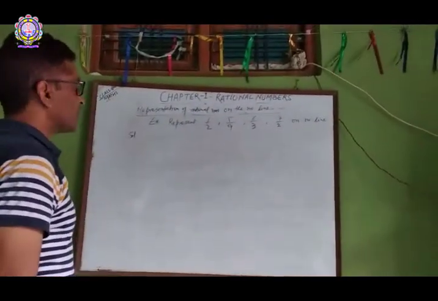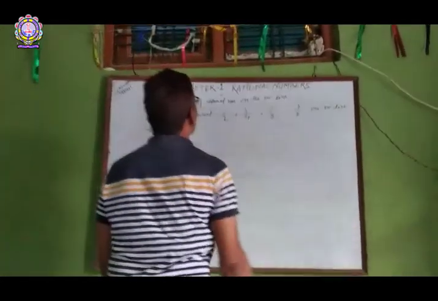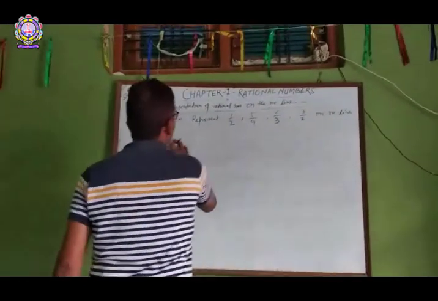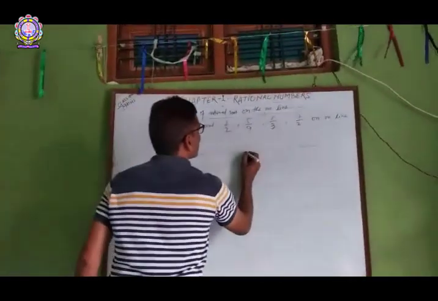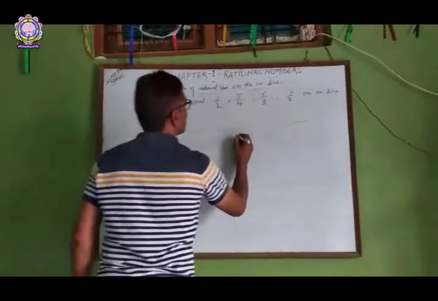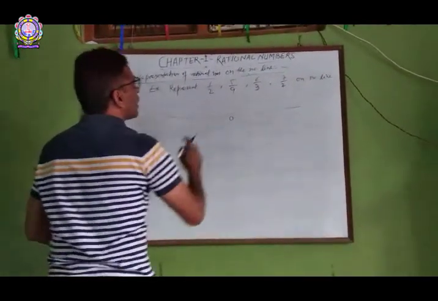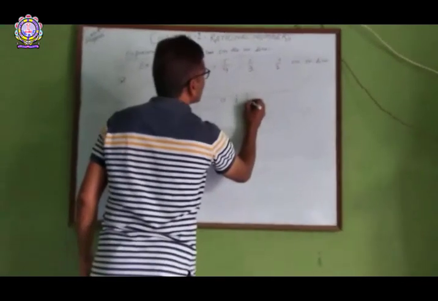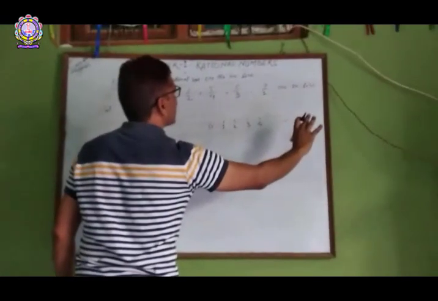Okay, students, we will learn how to represent these rational numbers on a number line. Draw a number line. You have already learned how to draw a number line. Draw a number line horizontally and take 0 in the middle of the line and 1, 2, 3, 4 and so on on the right hand side, positive numbers.